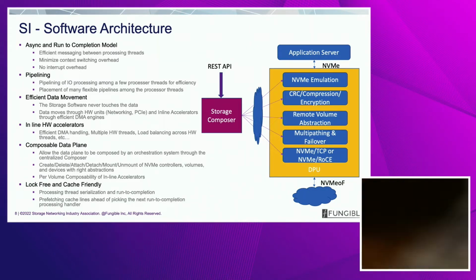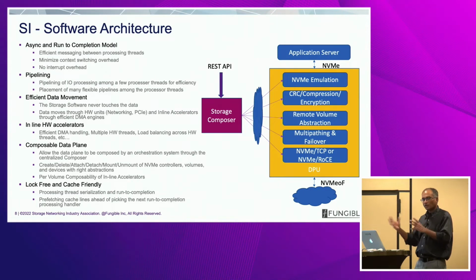And there are many of these pipelines. A given processor is running parts of many pipelines, right? And then efficient data movement. So we never touch the data in the software that we are running in the DPU. The data moves through the hardware engines, right? So it is DMA.